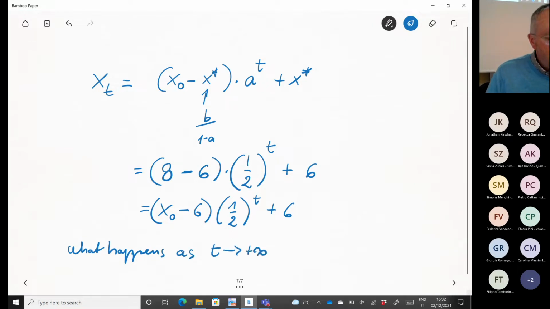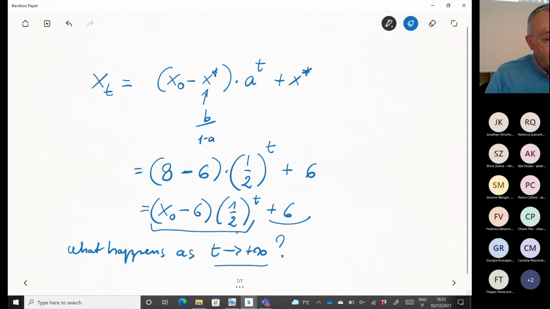What happens in the long run? We have two parts. The steady state part, which is a kind of long run component of the solution, and the transitory part, which is initial deviation from the steady state multiplied by a factor 1/2 to the power of t. What happens to this factor as t tends to infinity?